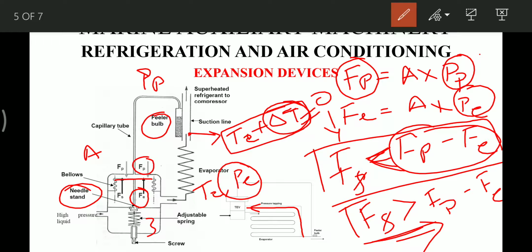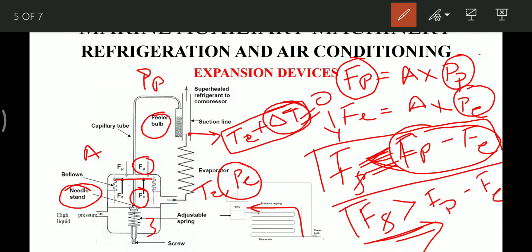As the refrigerant enters the evaporator, it arrests the fast rate of decrease of evaporator pressure, and the movement of the needle stand is also slowed down. The spring, however, gets compressed as the needle stand moves downward to open the orifice. Eventually, the needle stand reaches a position such that the condition of stability, that is Fs is equal to Fp minus Fe, is again reached.